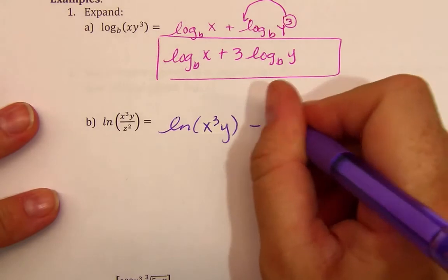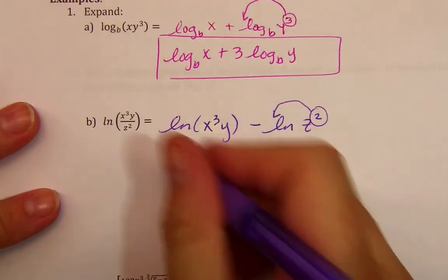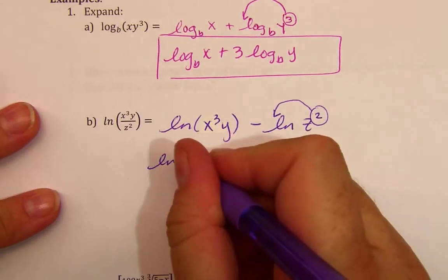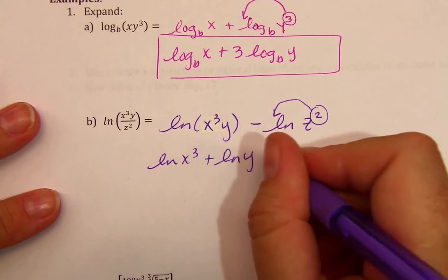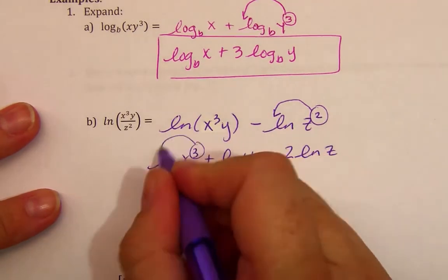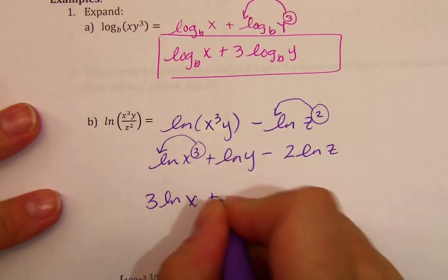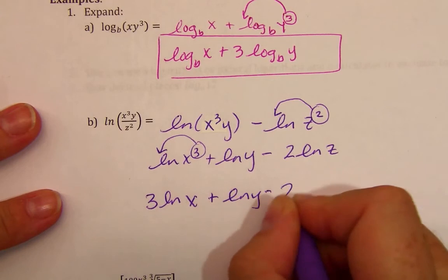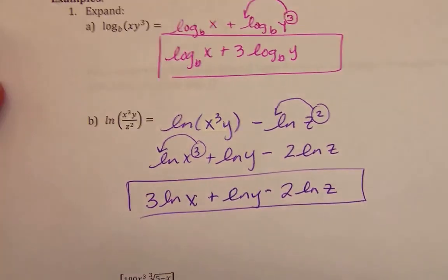Now this square can come out front, and this product here can expand. So I have natural log of x cubed plus natural log of y minus 2 natural log of z. Almost there. This 3 can come out front. 3 natural log x plus natural log y minus 2 natural log z. That would be full credit. That's expanded all the way.